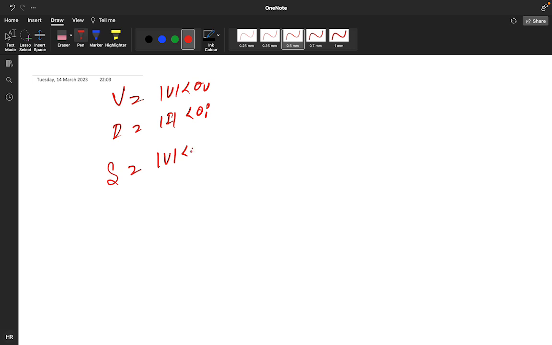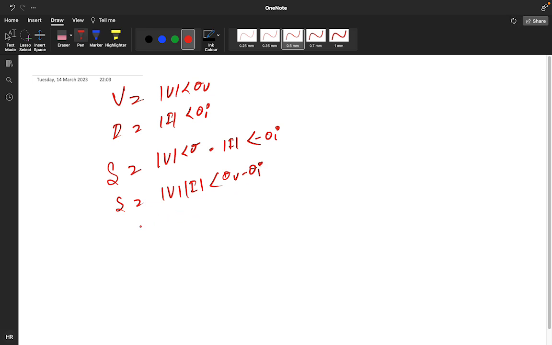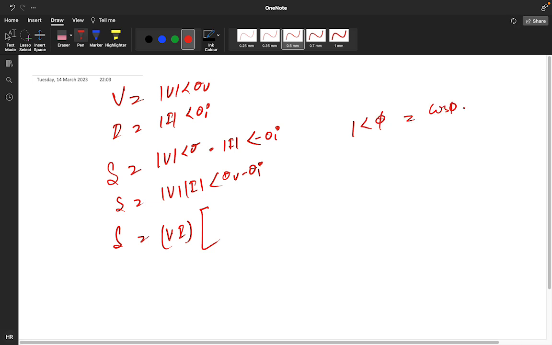Mod V at an angle theta V into mod I at an angle, you have to take minus theta I. So S will be mod V mod I at an angle theta V minus theta I. If you solve this, V into I at an angle phi can be represented as cos phi plus j sin phi.